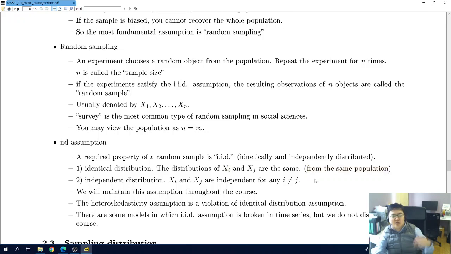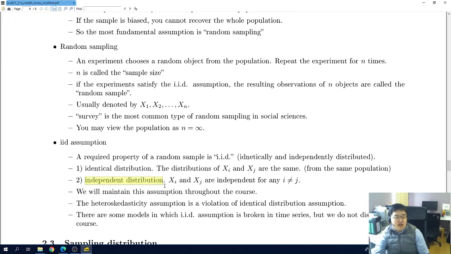The first one is from South Korea, the second one is from the United States, and say the third one is a male. That's another problem. The distributions are different and they are from different populations. So what you estimate is uncertain, right? That is the first assumption. All of the observations must be from the same population.